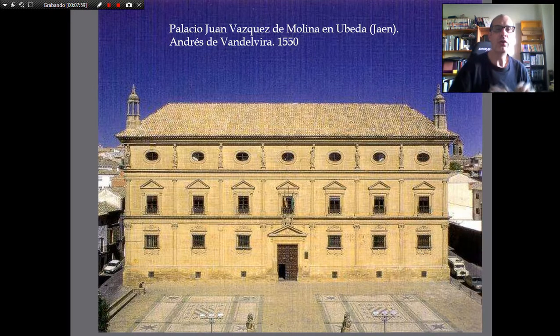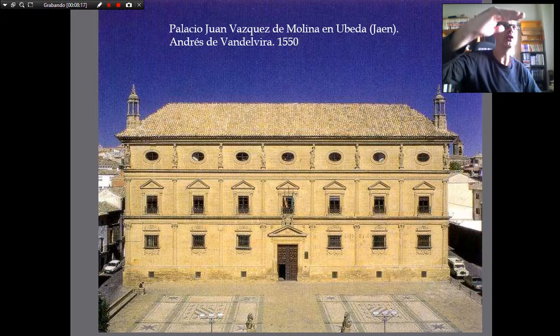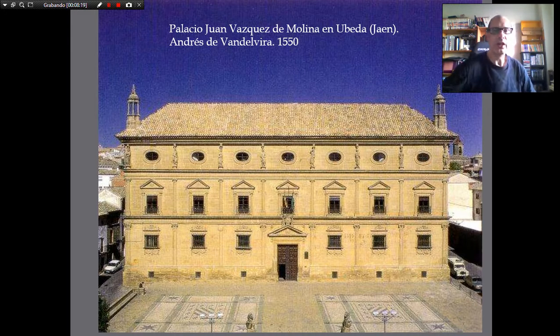Okay, another rule not written is that the columns or pilasters in this part of the building need to be Doric. In the second they need to be Ionic. In the third they need to be Corinthian. So Doric, Ionic, Corinthian. This is the structure in Roman buildings.